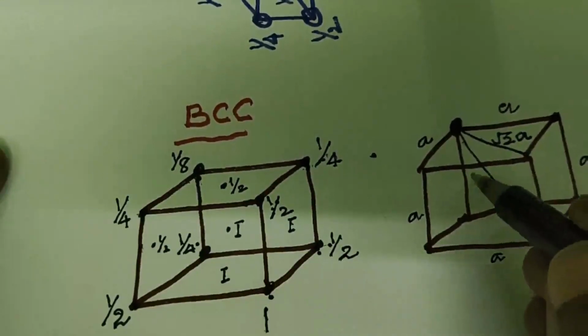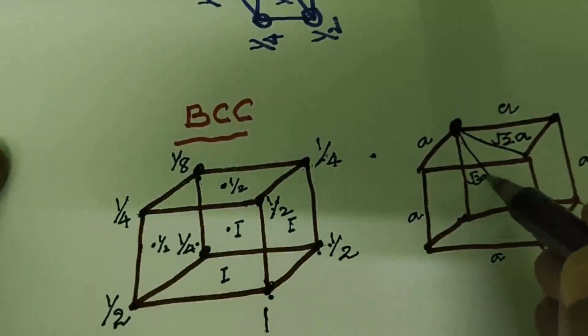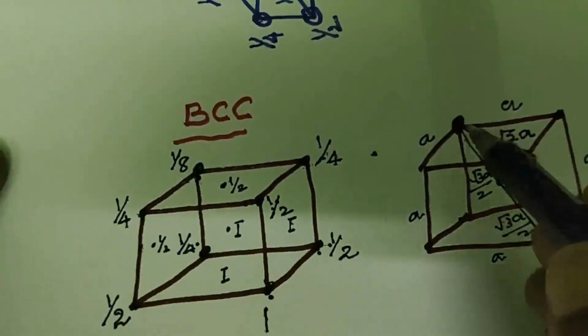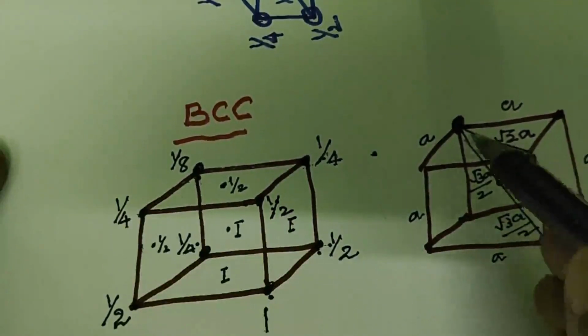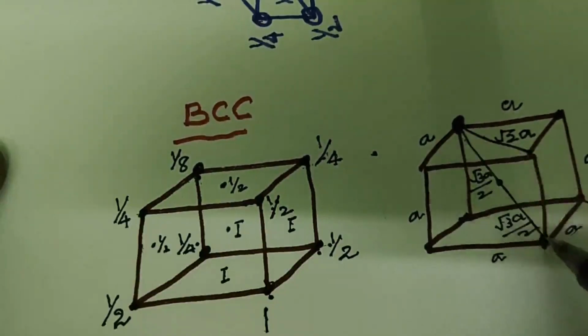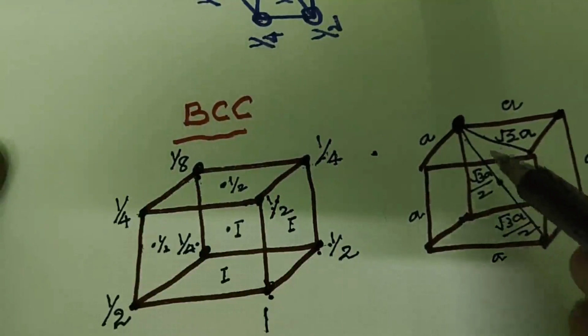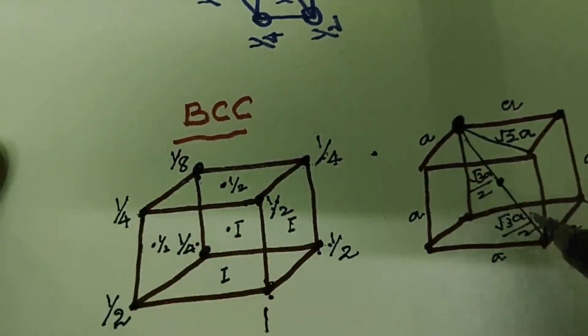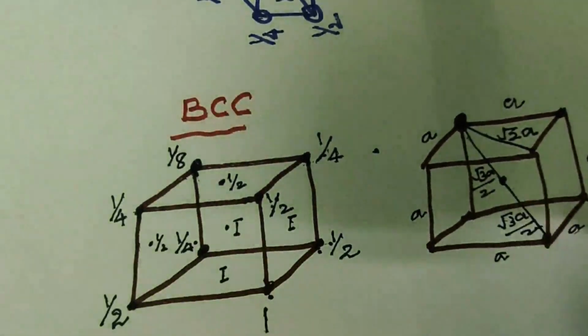Half the value is root 3 a by 2. So the edge length is a, the face diagonal is root 2 a, and the body diagonal is root 3 a. Here the corner to the center is half, root 3 a by 2. Here also half, root 3 a by 2.